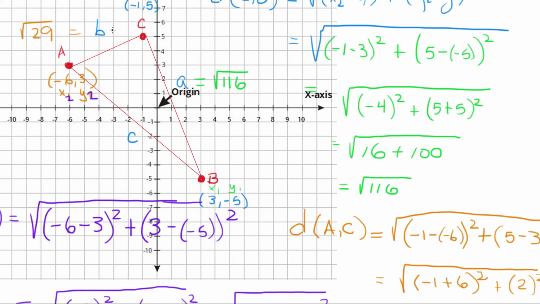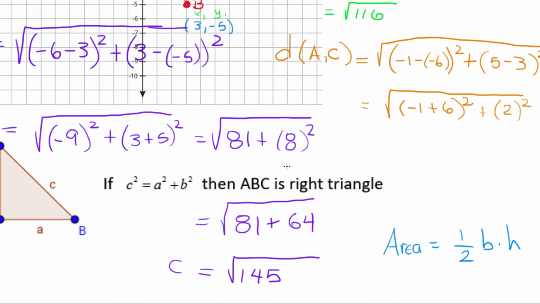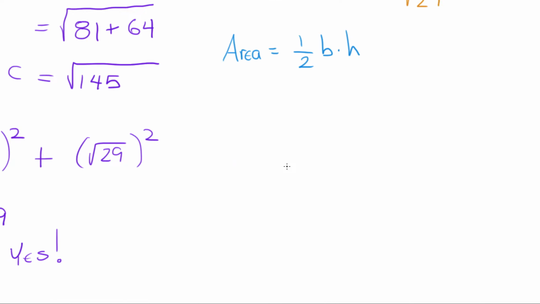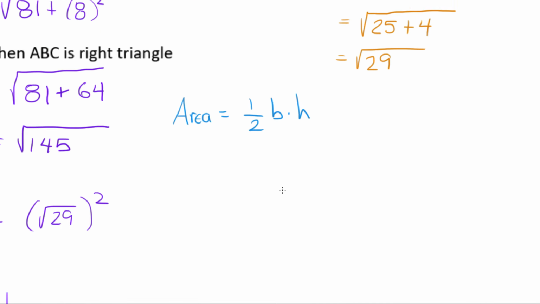What you cannot say is that C, which is the hypotenuse, is the base or the height. It's neither of those. Okay, so you cannot use the hypotenuse for the formula. So that being said, the area becomes equal to 1/2 the base, which is square root of 29, times the height, which is square root of 116.